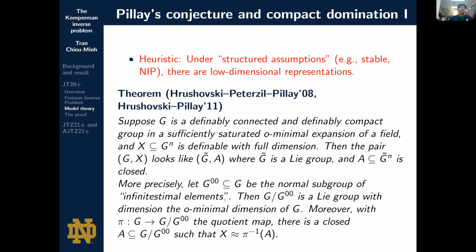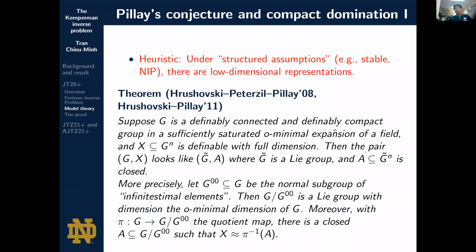The precise definition is that this is the smallest type-definable subgroup with bounded index, right? Then G over G^00 is a Lie group with dimension bounded by the minimal dimension of G, right? So moreover, with the quotient map, you know that X is closely related to pi inverse of A.